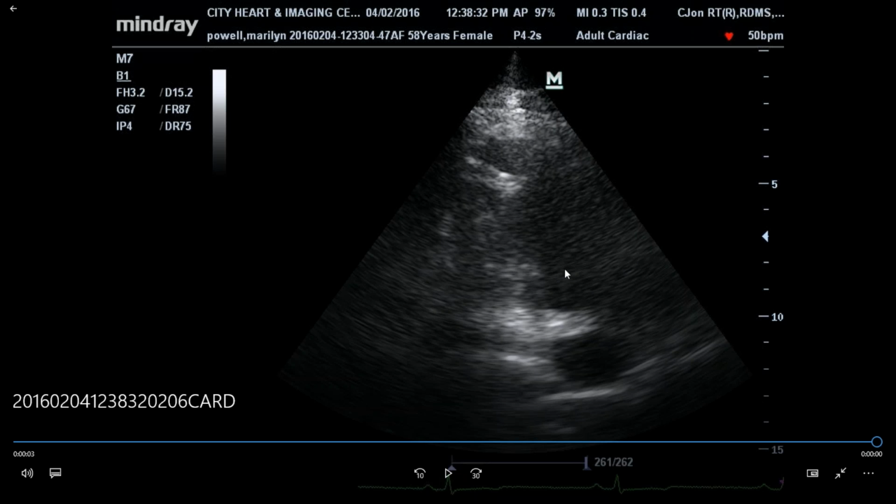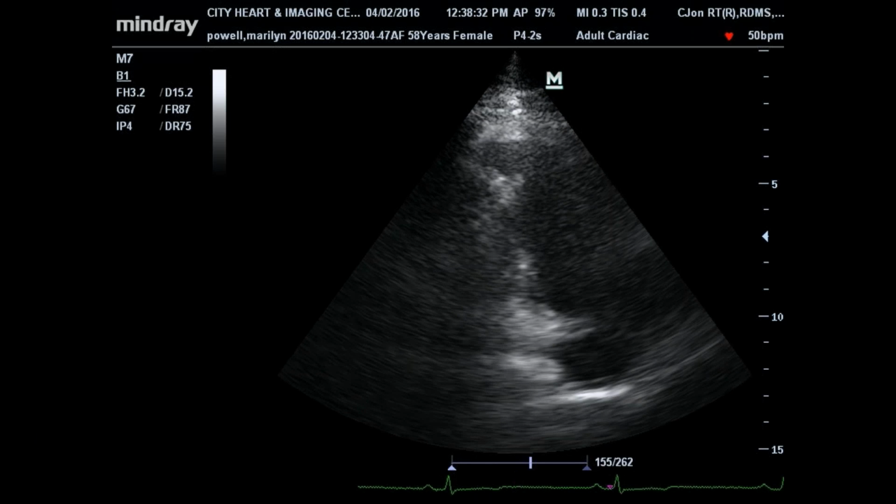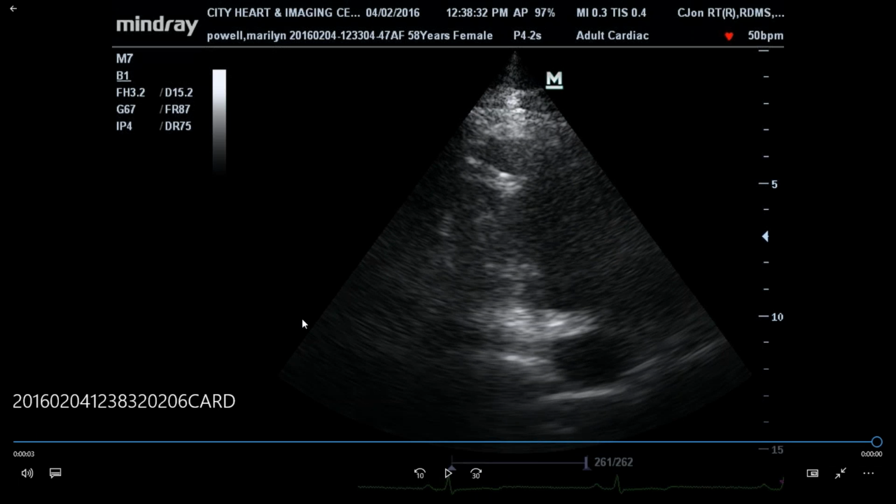Tricuspid valve is right there. You have the posterior leaflet, the anterior leaflet. You'll have where your inferior vena cava drains into the right atrium. Above that, you'll have the coronary sinus. And then the LV cavity will be over there.